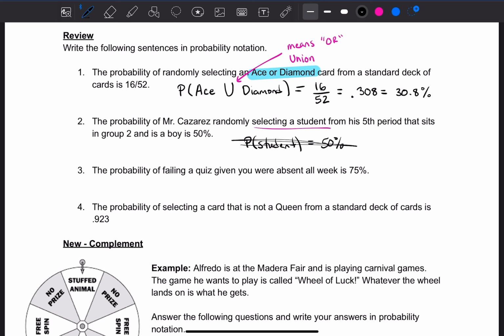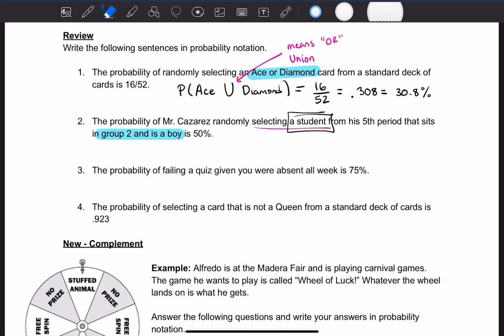And that's wrong because, yes, we're looking for a student, but a specific type of student: one that sits in group 2 and is a boy. So that is our outcome. We write the probability of a student sitting in group 2, and, this is the symbol for and, is a boy, and that is 50%.